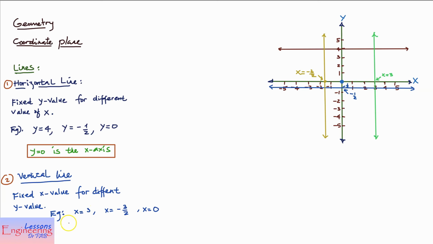So x equals 0 is nothing but the y-axis. Okay, so we can also put this at the back of our minds for future use. Note that x equals 0 is actually the y-axis.